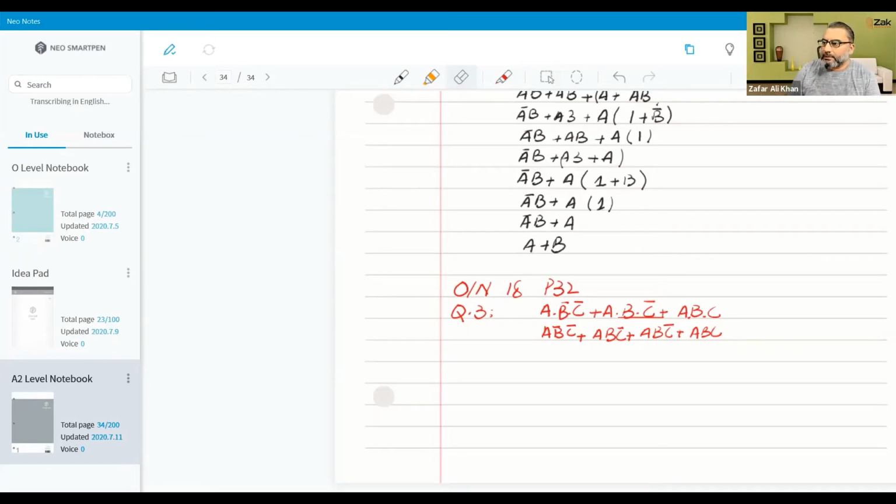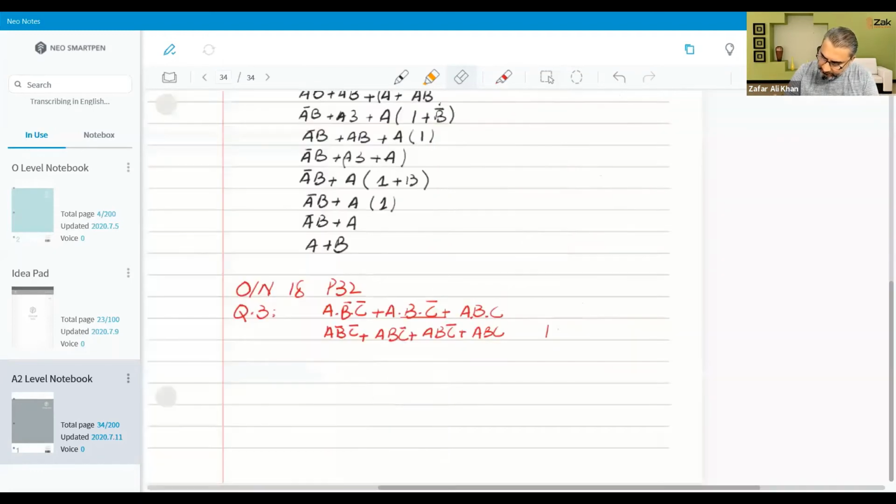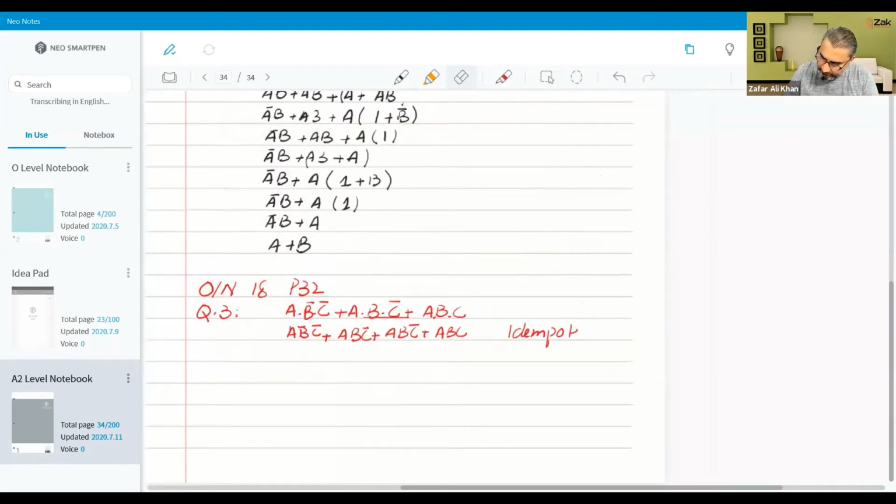Now, distributive law. तो हमने पहले कौन सा लॉ अप्लाई किया? Idempotent. अब हम अप्लाई करने जा रहे हैं distributive law. So what distributive law is?